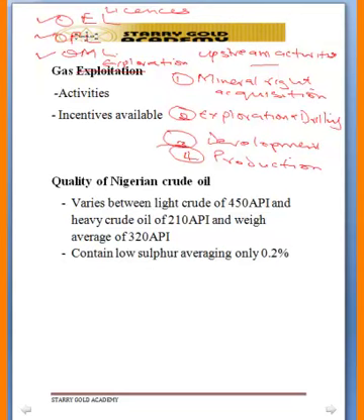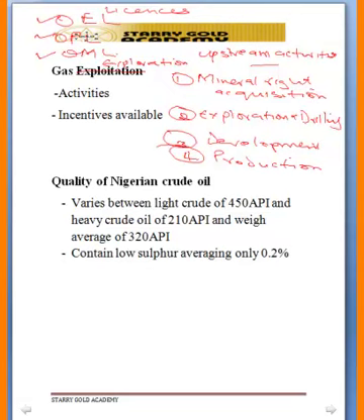The incentives available to companies in the gas industry depend on the activities involved. We have the gas exploitation, we have the gas utilization, and then we have the gas development project. That will determine the incentive that is granted at each of these levels.